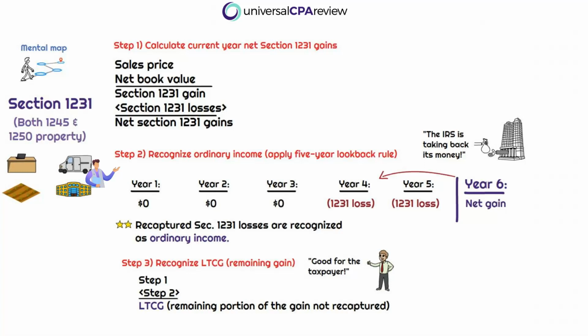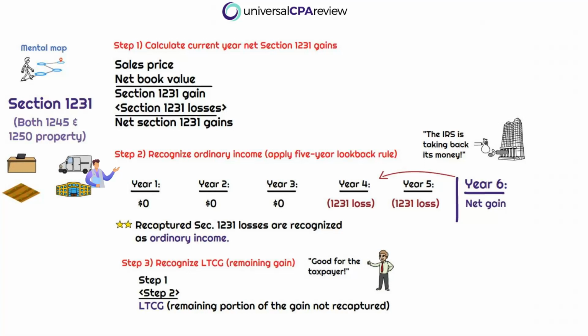Well, it's important to note that the IRS is saying that the taxpayer needs to look back to the previous 5 years and determine if any section 1231 losses existed. If they did, what that means is Take Back Hotels took those 1231 losses as ordinary losses in previous years, meaning they offset ordinary income. So now the IRS is saying, not so fast, Take Back Hotels.